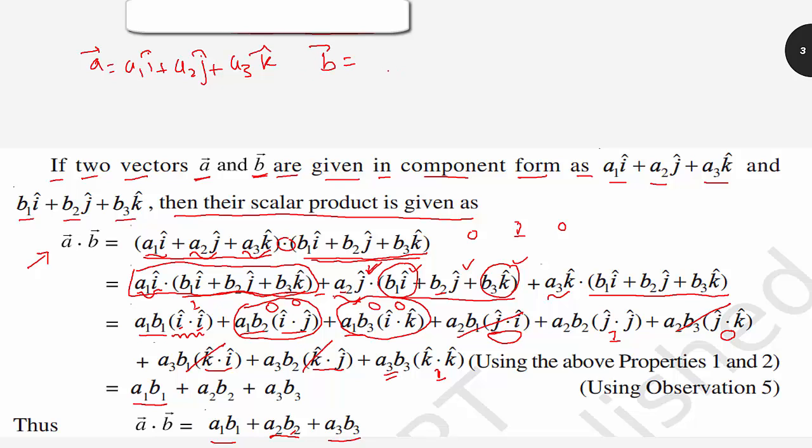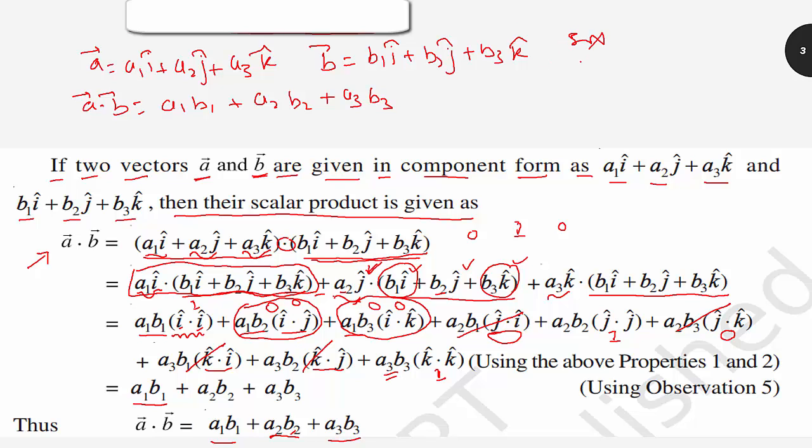Vector B is b1 i cap plus b2 j cap plus b3 k cap. So here we have vector A dot vector B equal to a1 b1 plus a2 b2 plus a3 b3.